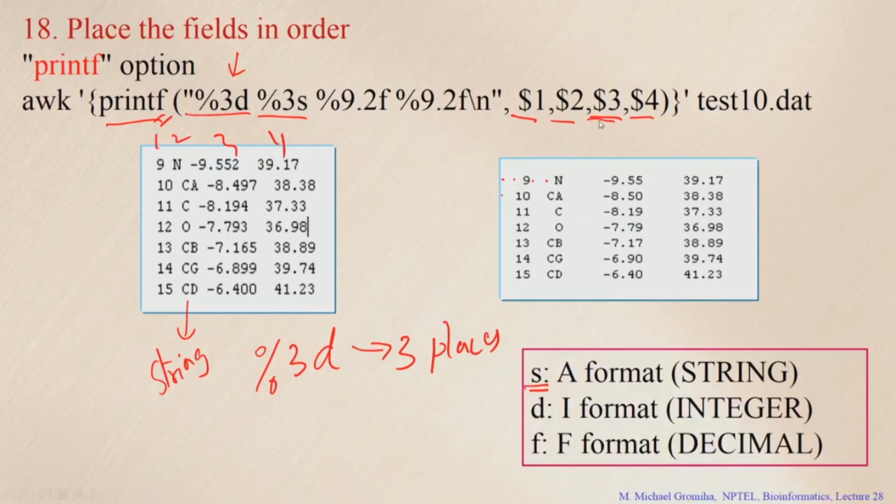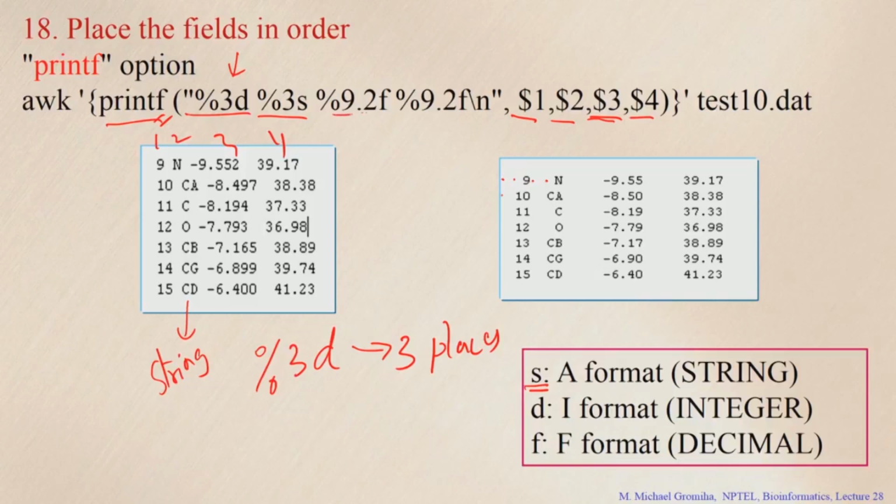What is $3? This is a number, the decimal. Decimal means we have some numbers plus some decimals. Then we need to specify how many digits we require after the decimal point. So, we can use the same F format as in Fortran. Here also use %9.2f.